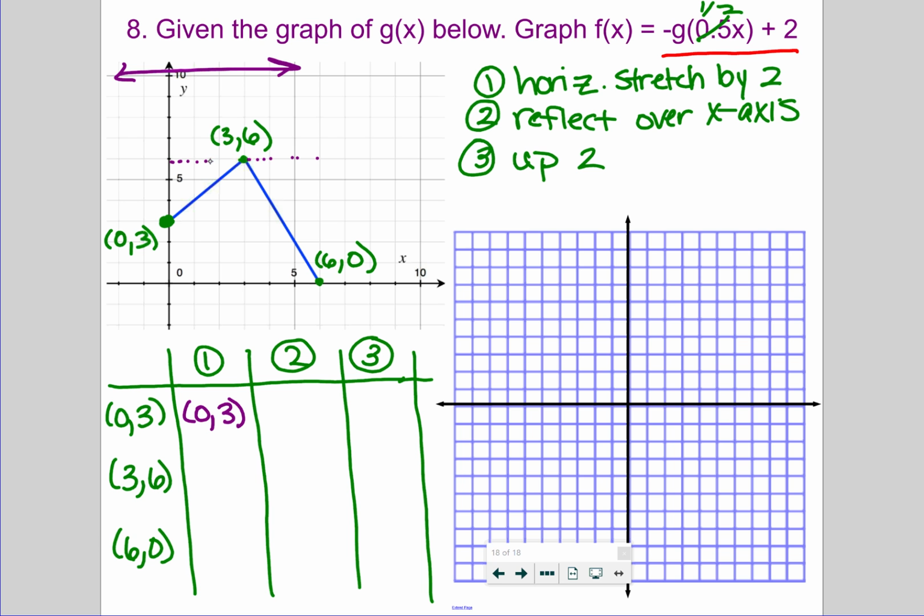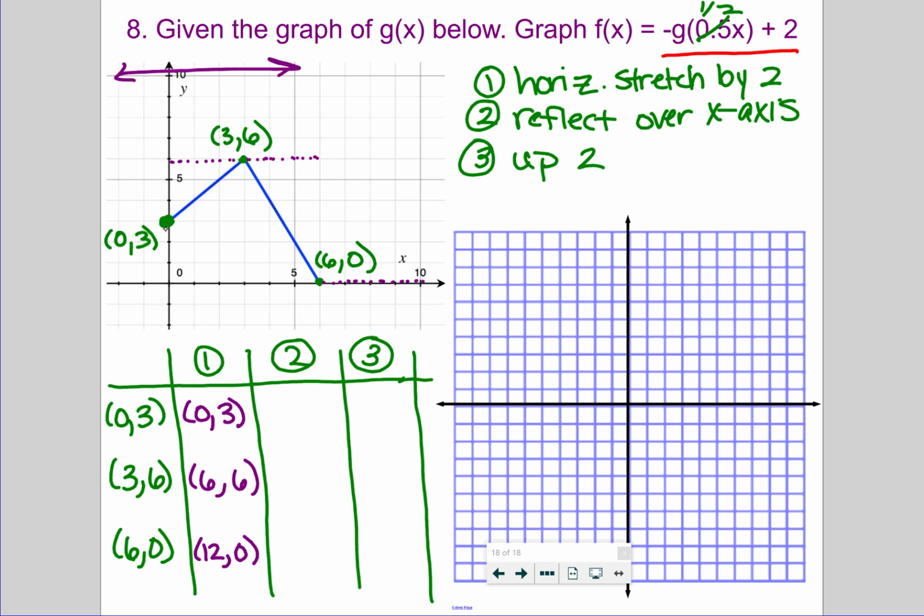Well, right now, it's 3 units from the y-axis. So if I go twice that distance out, it's going to change to (6, 6). And then (6, 0), again, if I went twice the distance from my y-axis, it's going to end up at (12, 0).